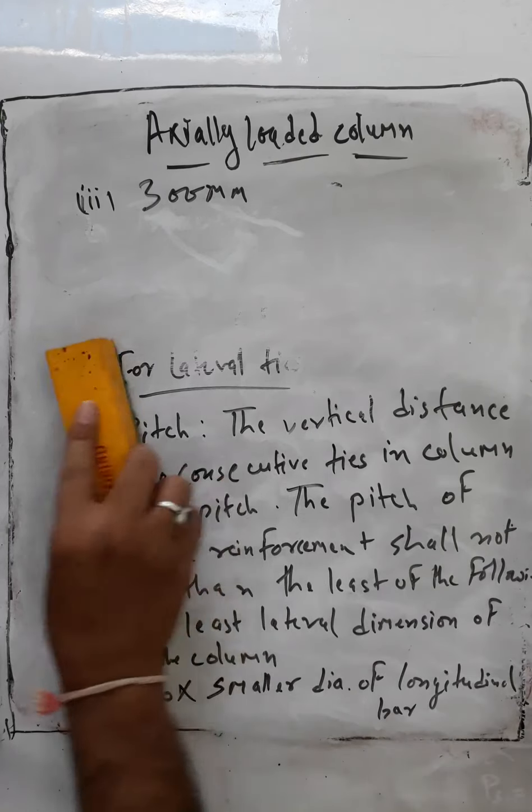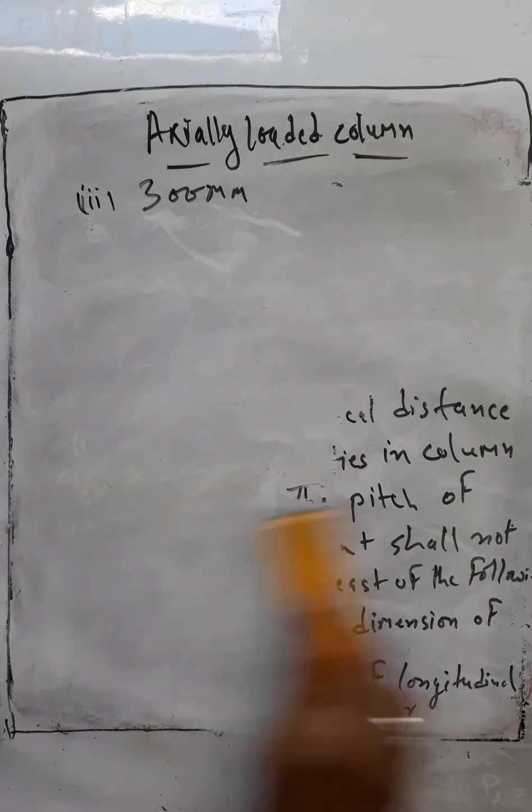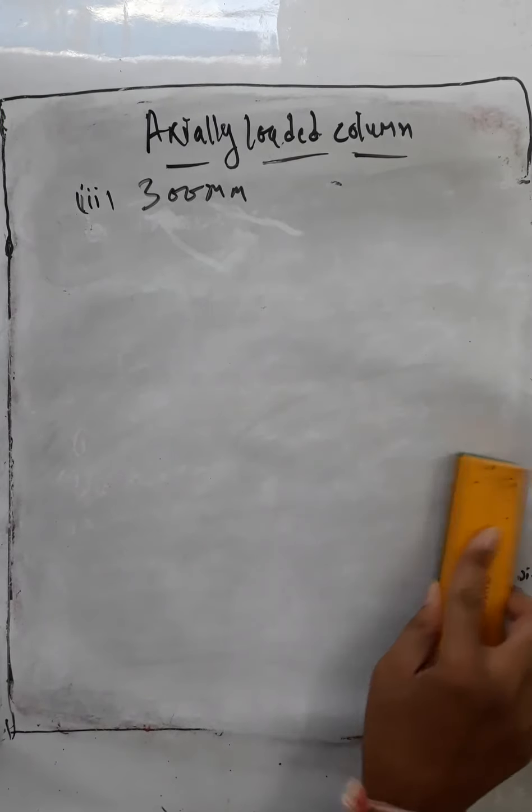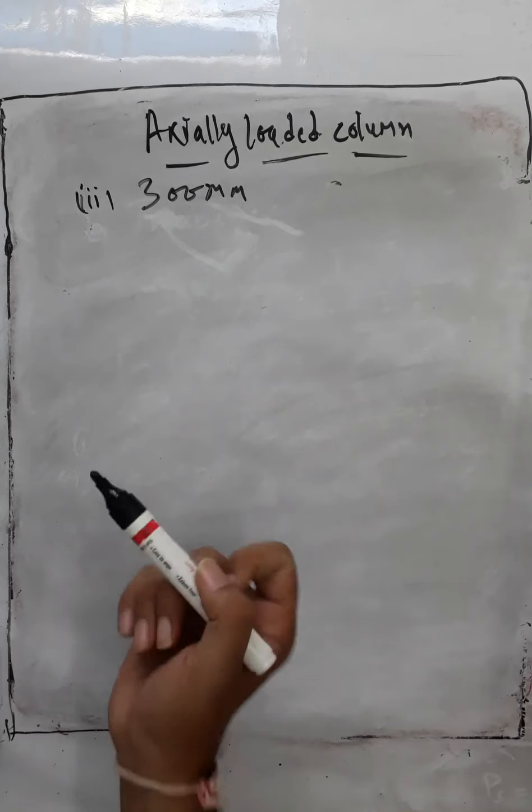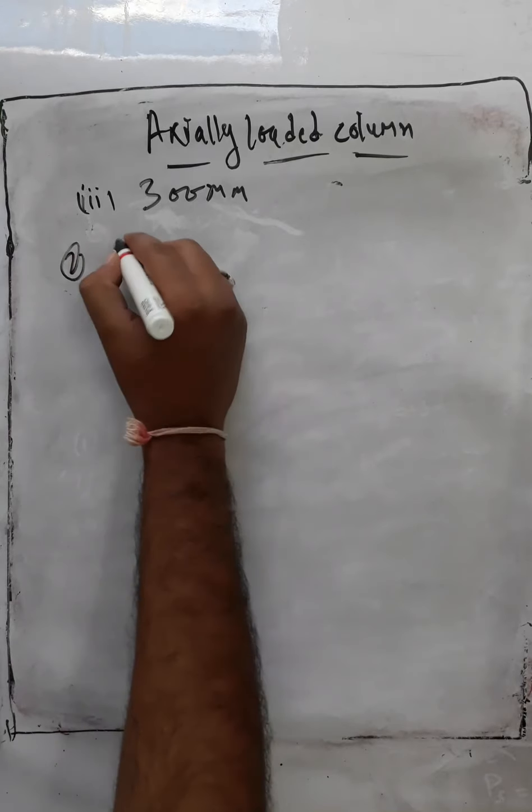Now we write for diameter. This one is for pitch. Now we have to write for diameter. So second is for diameter.